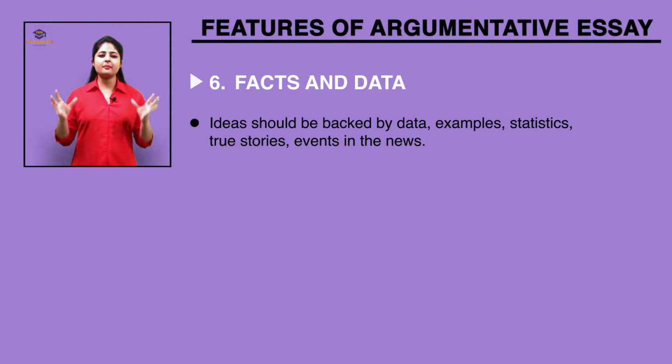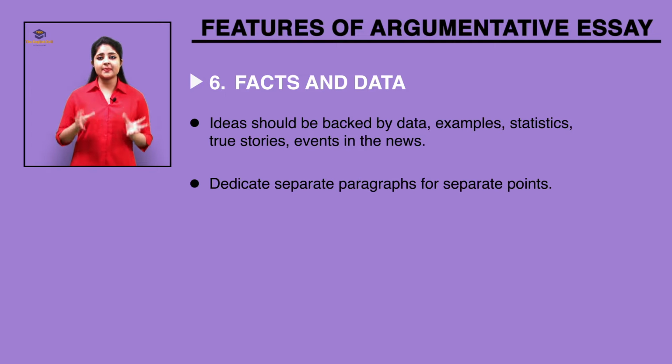You have to back them up by data, examples, statistics, true stories, events in the news, and so on and so forth. Dedicate separate paragraphs for separate points. That's very, very important. Separate paragraphs for separate points.